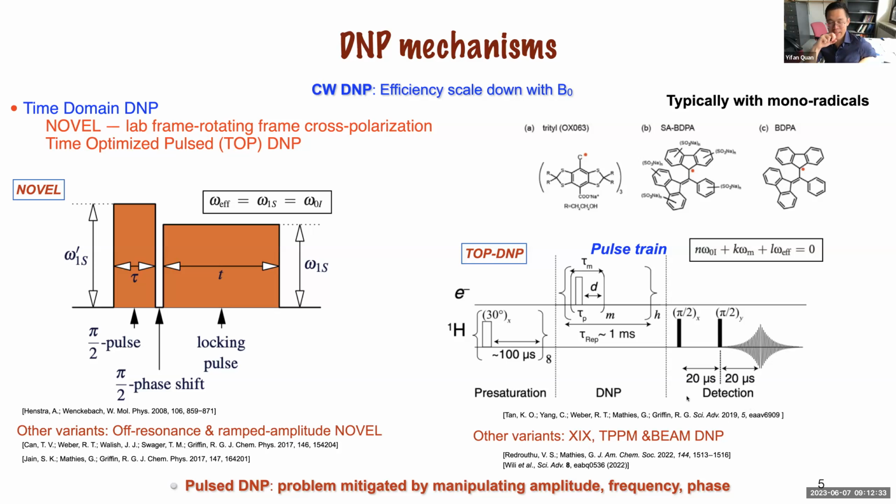And I want to mention that for pulsed DNP, the problem of the efficiency scaling down with the magnetic field can be strongly mitigated by the capability of manipulating the pulse and allowing to reduce the power of your microwave also, which I'll talk about later. So for today, I will mainly talk about another family of pulses that use frequency sweeps.